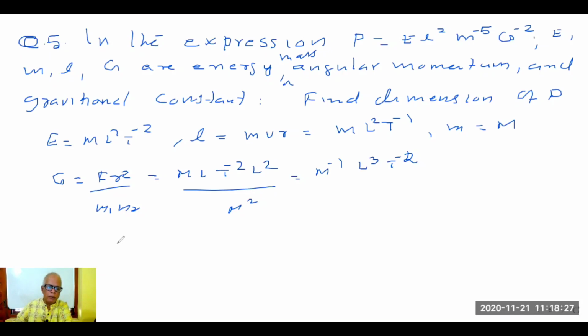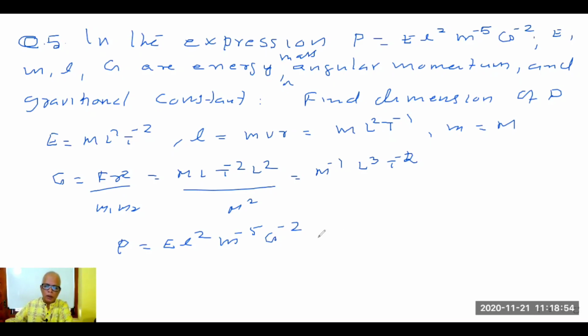P is equal to E L square M raised to minus 5 G raised to minus 2.